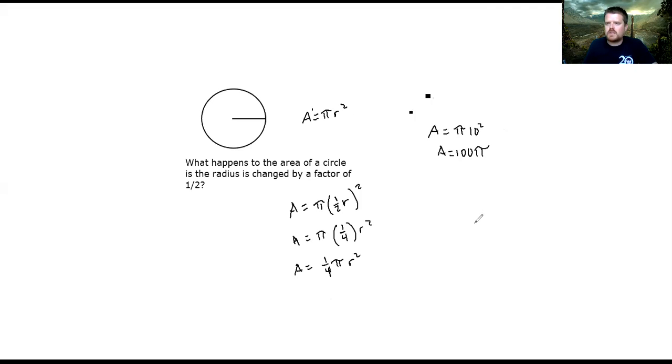And remember to put your units if they're given. So, what happens if that radius is changed by a factor of 1/2? Well, half of 10 is 5, and 5 squared is 25. So using a sample point to plug and chug and test it out, I can see it didn't get 1/2 smaller. It got reduced to a factor of 1/4, not 1/2.